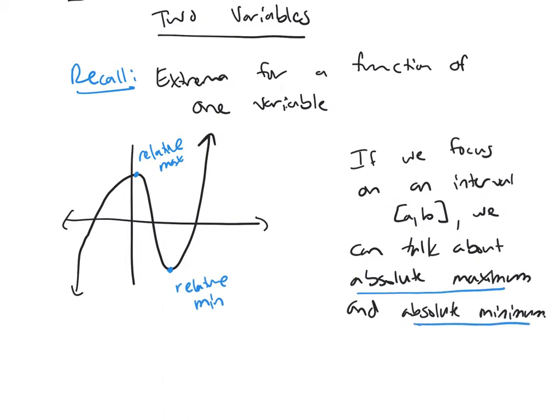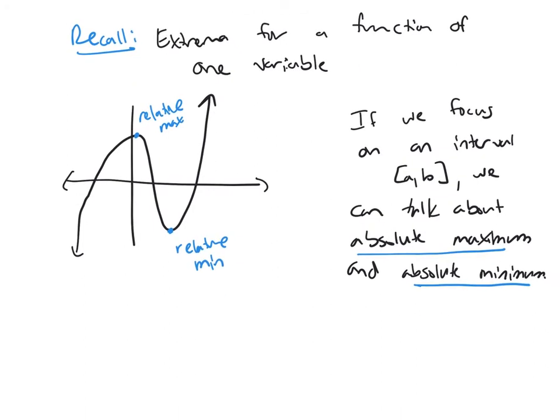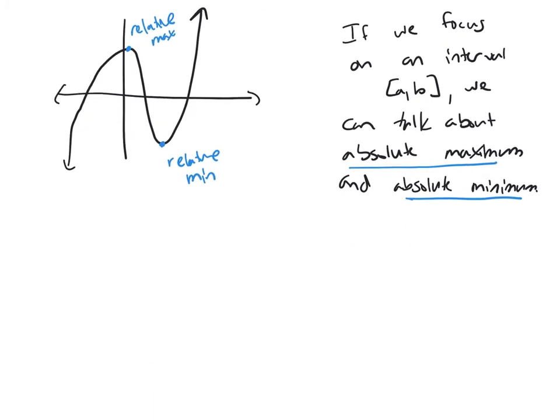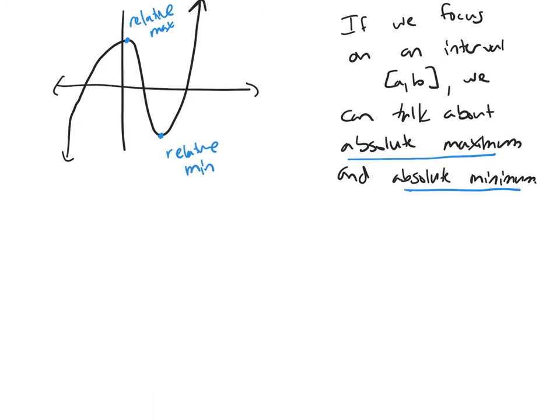So there, when we're focused on an interval, we're going to talk about the maximum value on that interval and the minimum value on that interval. Okay, so we're going to have some of the same things going on here with a function of two variables.